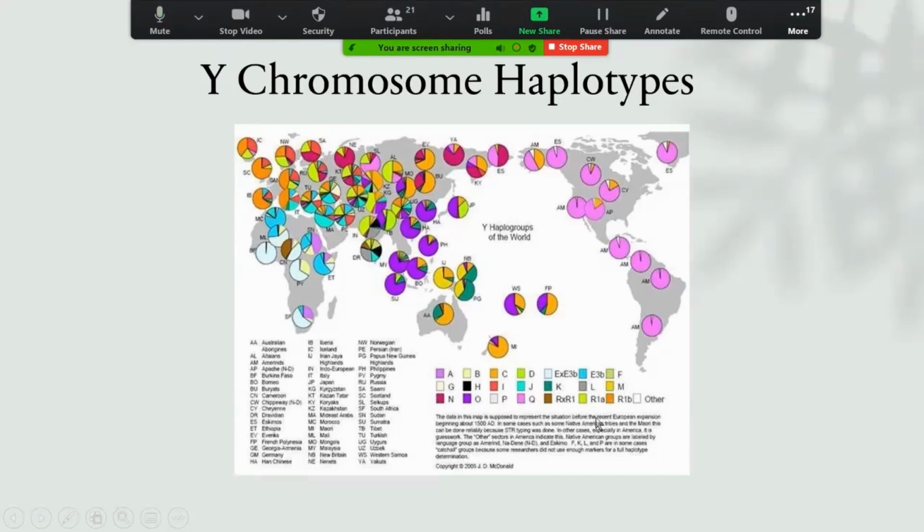When bottlenecks occur, when small groups of population move away from larger groups, they take with them only a representative sample, only a few. And the further you move away, the more times you do that, the more chances you have of losing information, until you get out to South America and everybody is what's called homozygous.